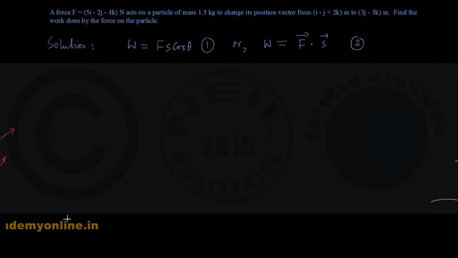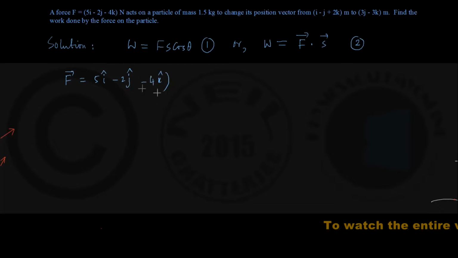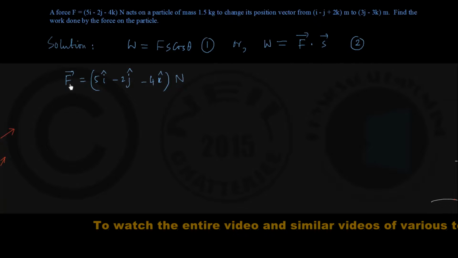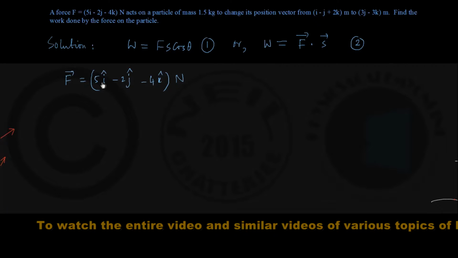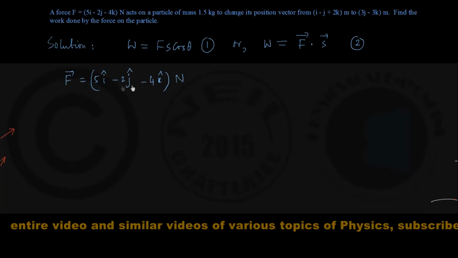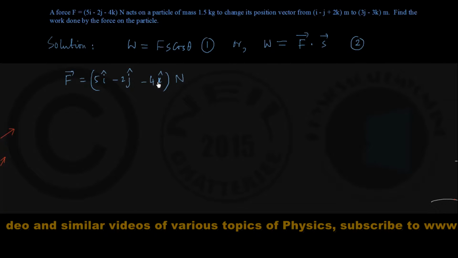So the question says the force given was 5i minus 2j minus 4k Newton. Now this is called unit vector notation, where we express force in magnitude and direction. Both are expressed by this method. In terms of i, j and k, they are all unit vectors in the plus x, plus y and plus z directions respectively.